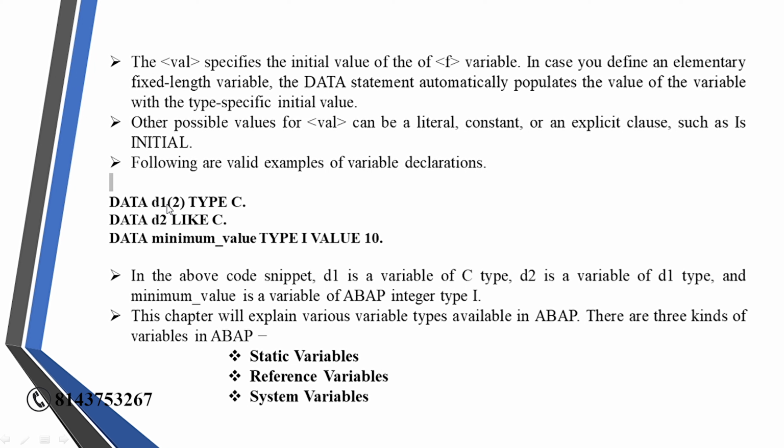Next, D2 is another variable, declared with LIKE. We have seen these keywords, TYPE and LIKE. What is TYPE?